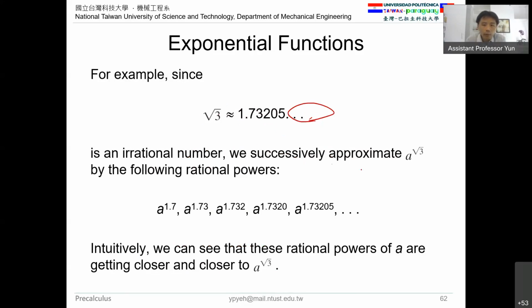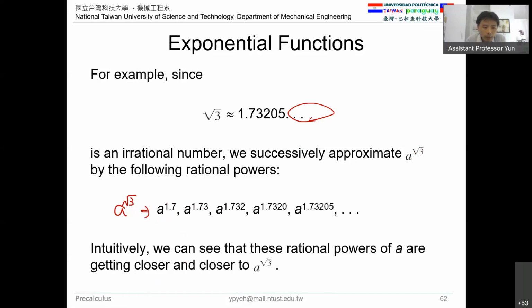So we can approximate a to the power of the square root of 3 by a to the power of 1.7, or a to the power of 1.73, and so on, with differences in the decimals.